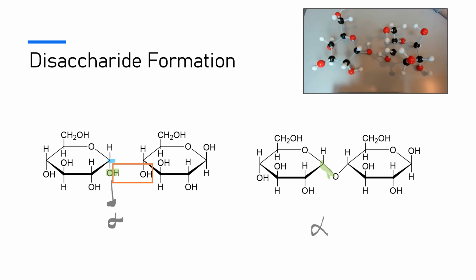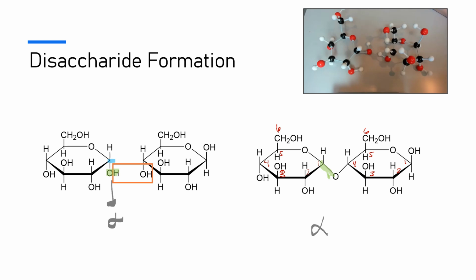We also need to be aware of the carbon numbers participating in this linkage. So I'm going to go around and number each of my carbons. 1, 2, 4, 5, 6. 1, 2, 3, 4, 5, 6.